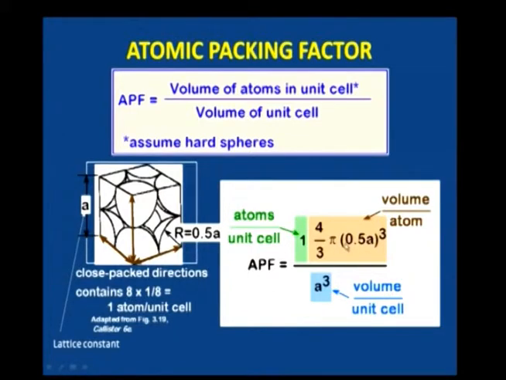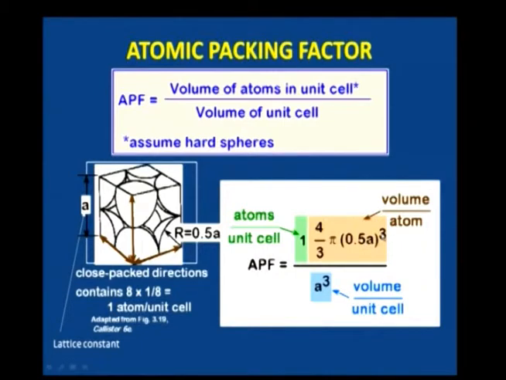Is that understood? So, the radius is half of the cell dimension, because you are assuming the atoms to be hard spheres. So, you have 4 by 3 pi into 0.5A whole cube. The cell volume, as I told you, for any cubic structure will be A cube. So, you can cancel this A cube with this A cube, and you are left with only the constants: 4 by 3 into pi into 0.5 whole cube.